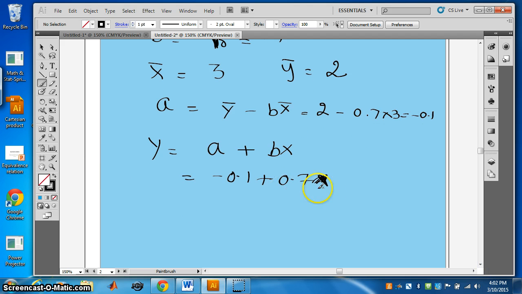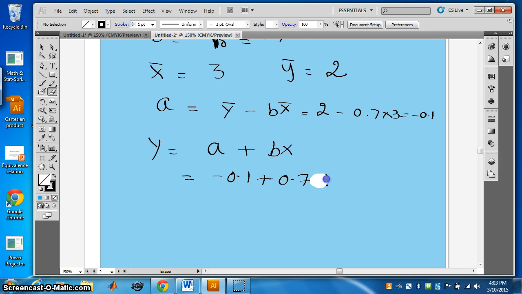Now if we know the value of x, suppose x is 10, we can find out what y is for that. So y is dependent on x. For different values of x, we can find y. I'll change x.